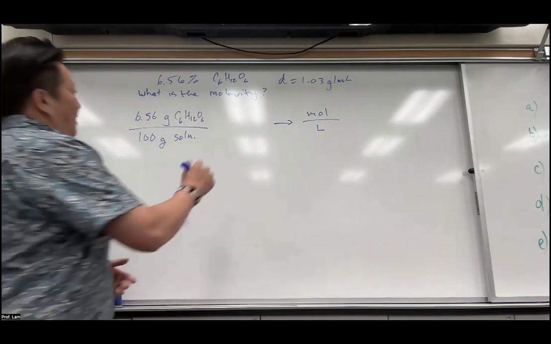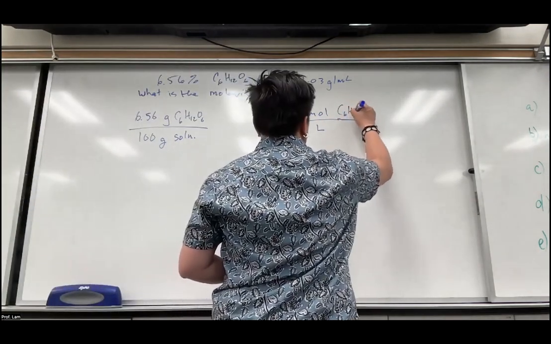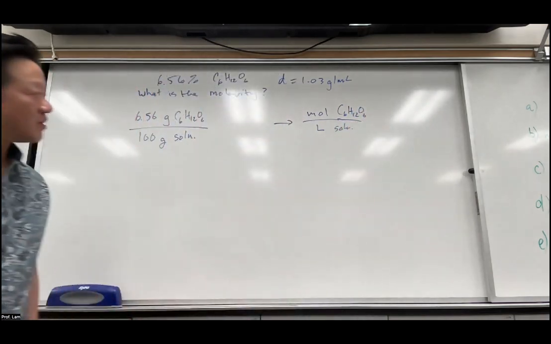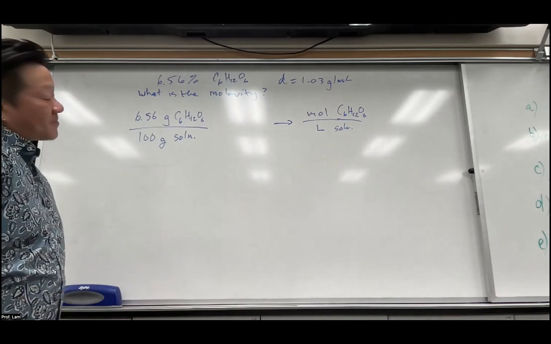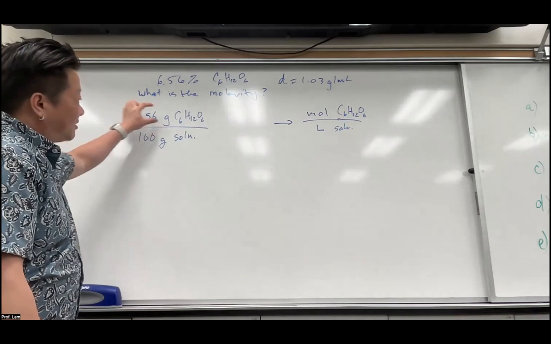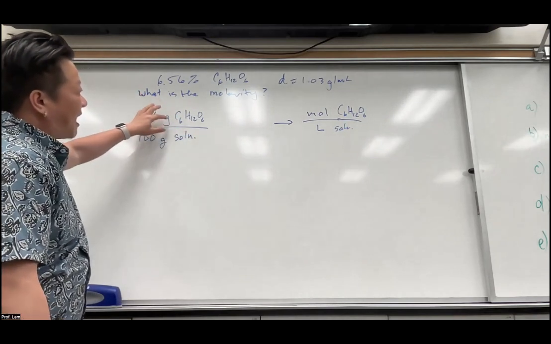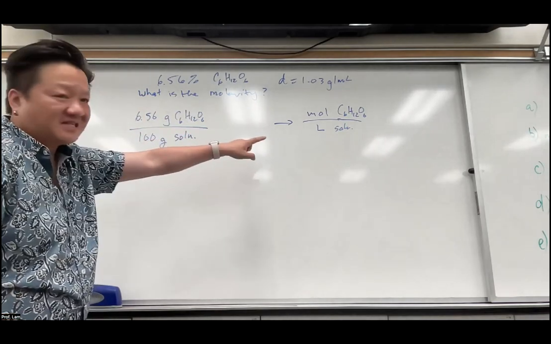So here we need to convert to moles of C6H12O6 and liters of solution. That's what we're asked to do. Remember what I said? Don't try to do both at the same time. Just separate it. The top needs to go to mole, so do that first, and then the bottom needs to go to liter.